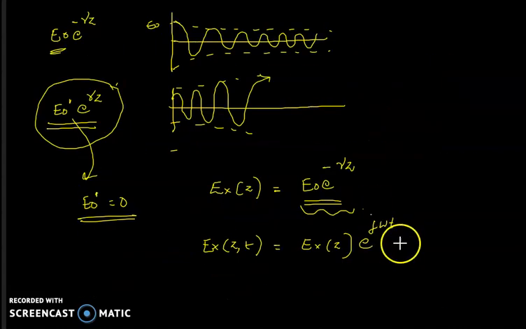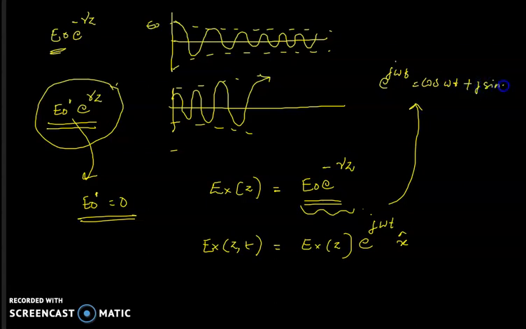So we need to use the unit vector x cap, because we are using e power j omega t. This is the exponential form, which is nothing but cos omega t plus j sine omega t. So it has two components, real part and imaginary part.